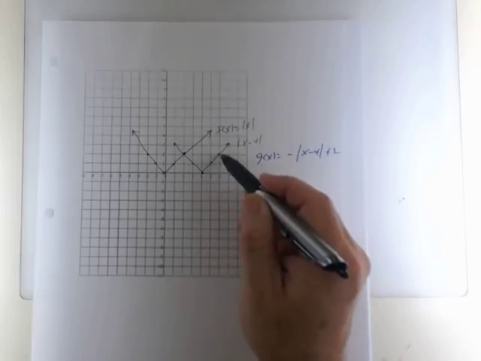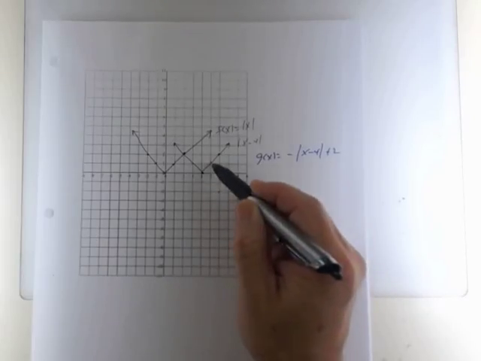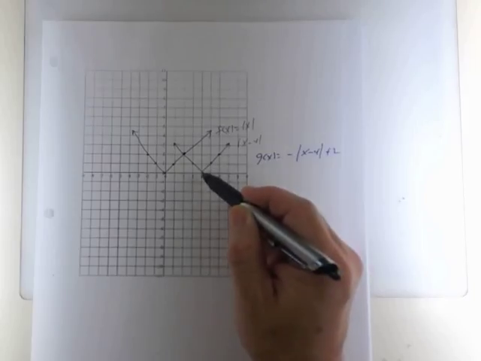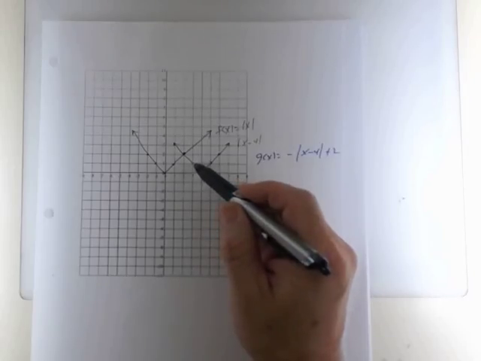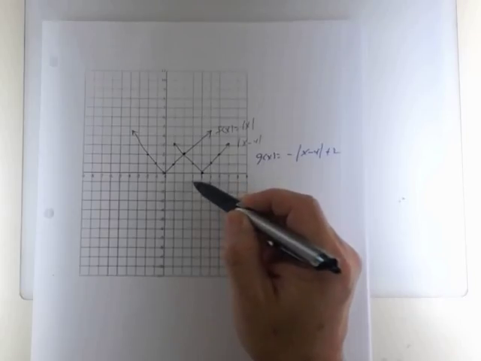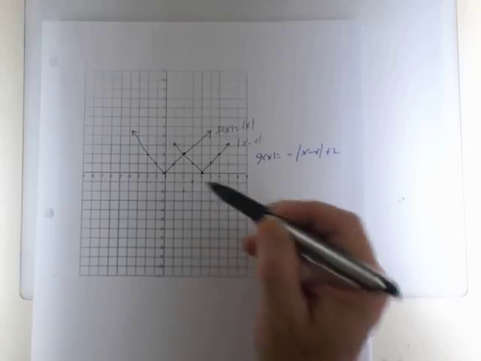So the y value 2 becomes what y value? The y value 1 becomes, the y value 0 stays 0. That's not the origin though. The y value 1 becomes negative 1, and the y value 2 becomes negative 2.